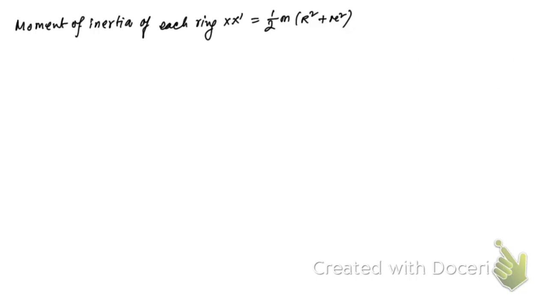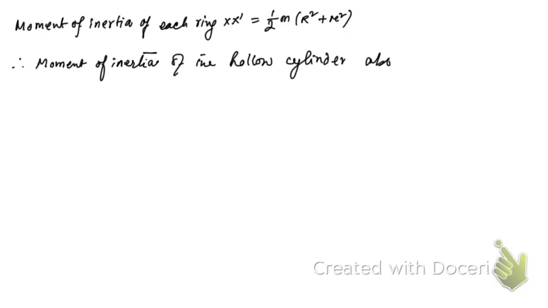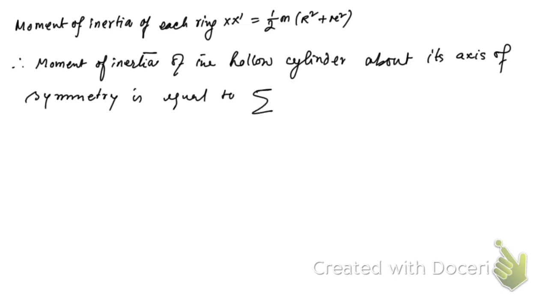So therefore the moment of inertia of the hollow cylinder about its axis of symmetry is equal to the sum of half m, capital R squared plus small r squared, right?